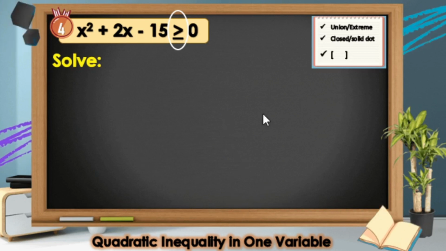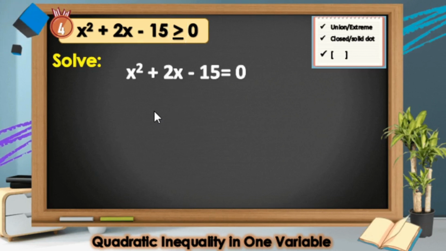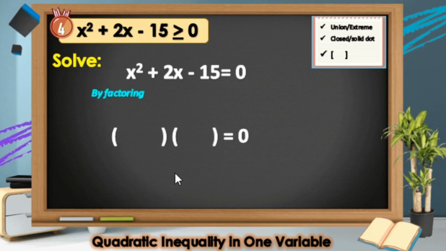So, we have to change the inequality symbol into equal sign. So, therefore, magkakaroon tayo ng quadratic equation na x squared plus 2x minus 15 is equal to 0. Then, kukunin natin yung solution by factoring.